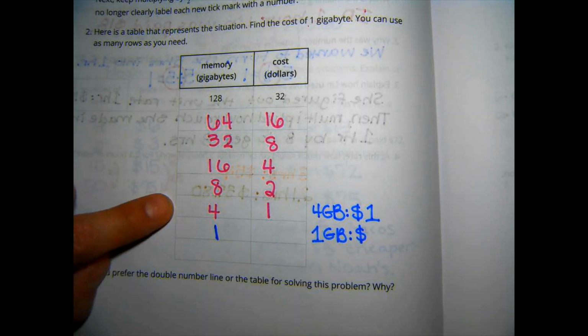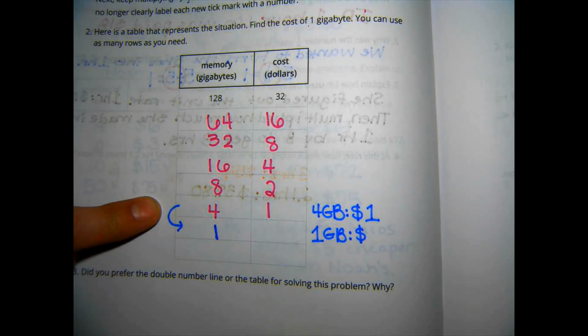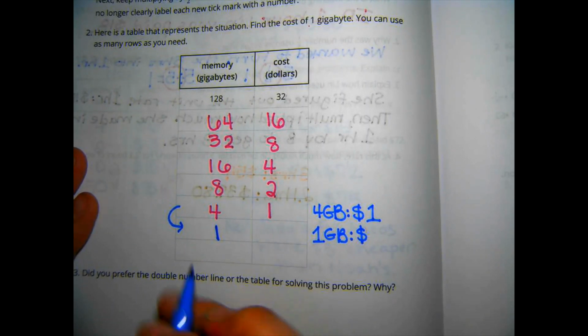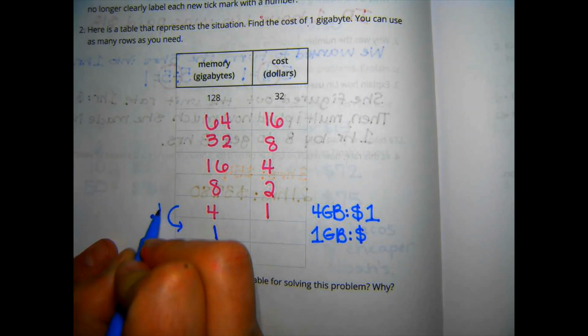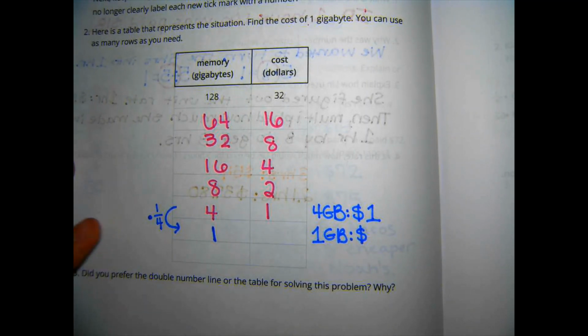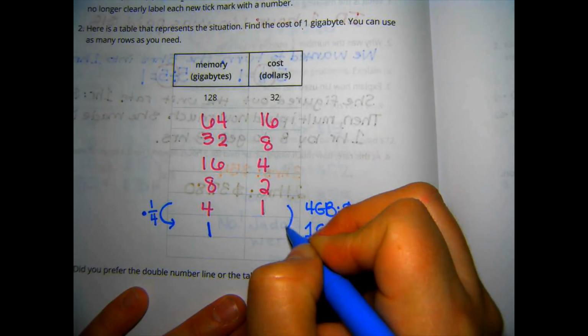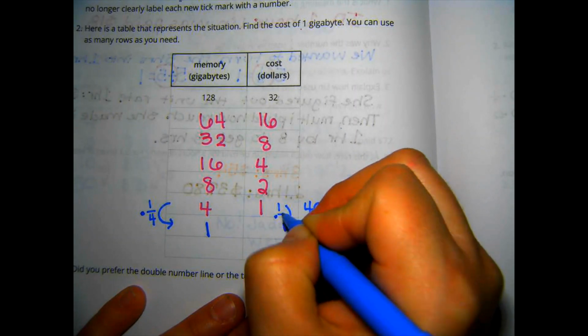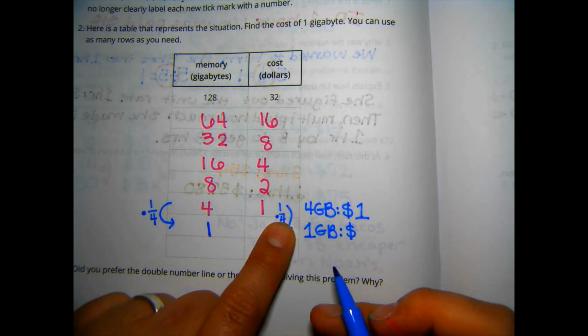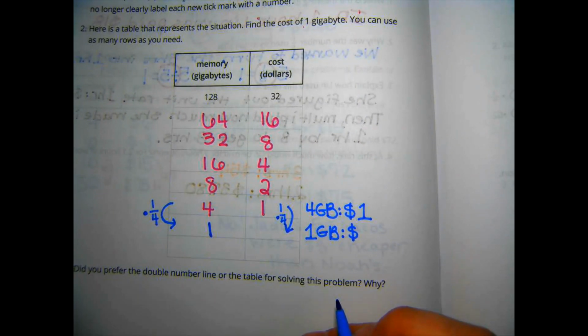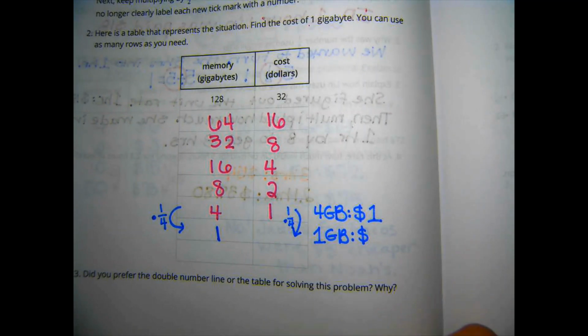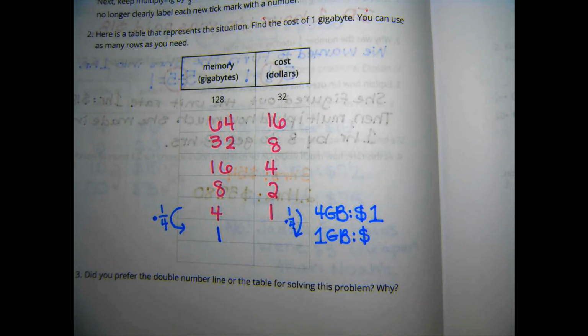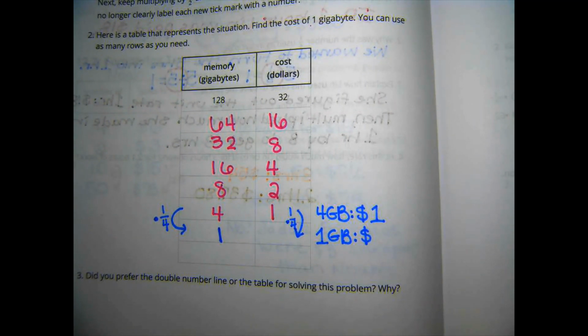Okay, so how do I get from a 4 to a 1? Right, I can divide by 4 or I can times by 1/4. Either way, same thing. So I need to do that on this side too. Times by 1/4. So what's 1/4 of 1? Divide 1 into 4 pieces. If you think about it as $1, if you divide $1 into 4 pieces, how much is each piece worth?